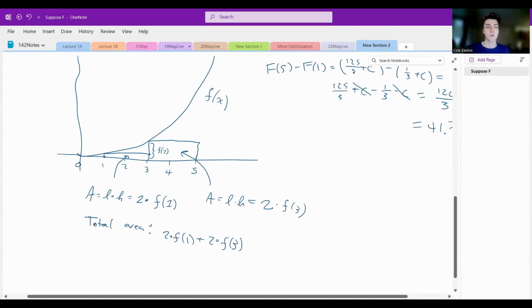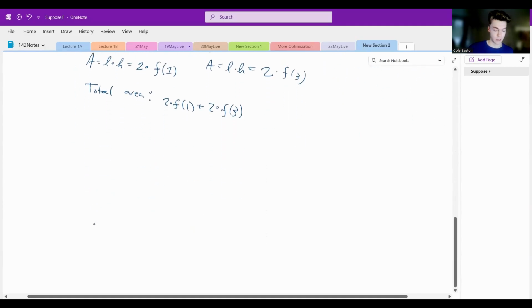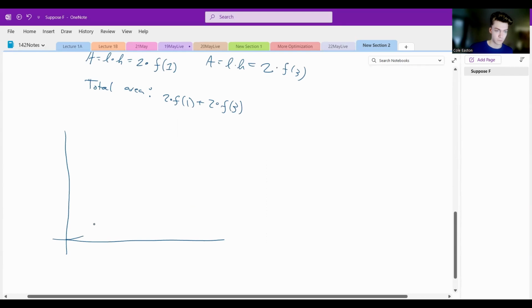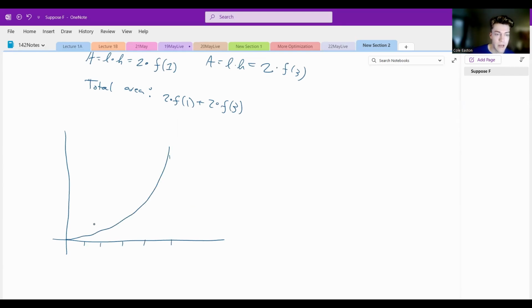Now, let's think about what would happen if I made smaller rectangles. What if I made a rectangle at every half instead of every 2? So starting at 1, we'd make a little rectangle like this. And we're repeating that at every multiple of a half between 1 and 5.